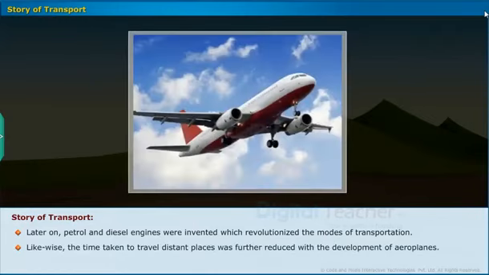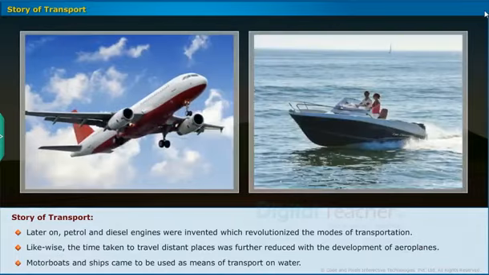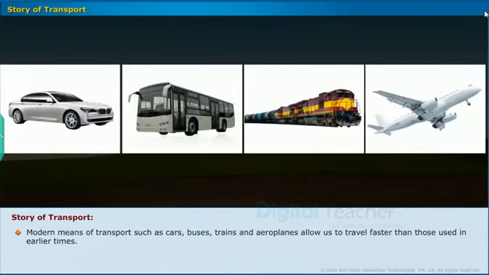Likewise, the time taken to travel distant places was further reduced with the developments of aeroplanes. Motorboats and ships came to be used as means of transport on water. Modern means of transport, such as cars, buses, trains, and aeroplanes, allow us to travel faster than those used in earlier times.